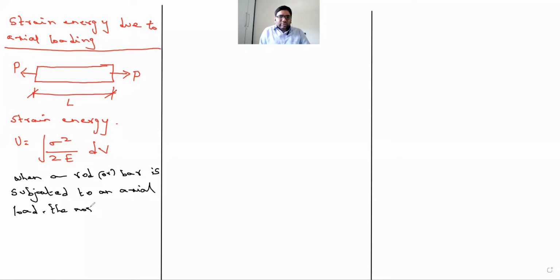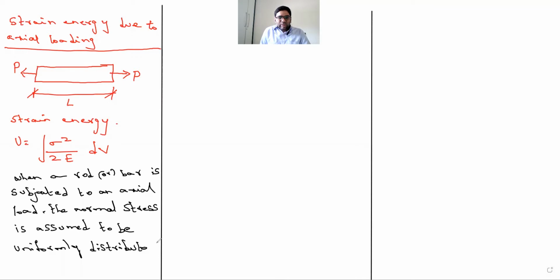The normal stress is assumed to be uniformly distributed. Any object, when it is subjected to some load, will have some stress, which is the internal resistance offered. Okay. So this is what happens when a rod or a bar is subjected to an axial force.